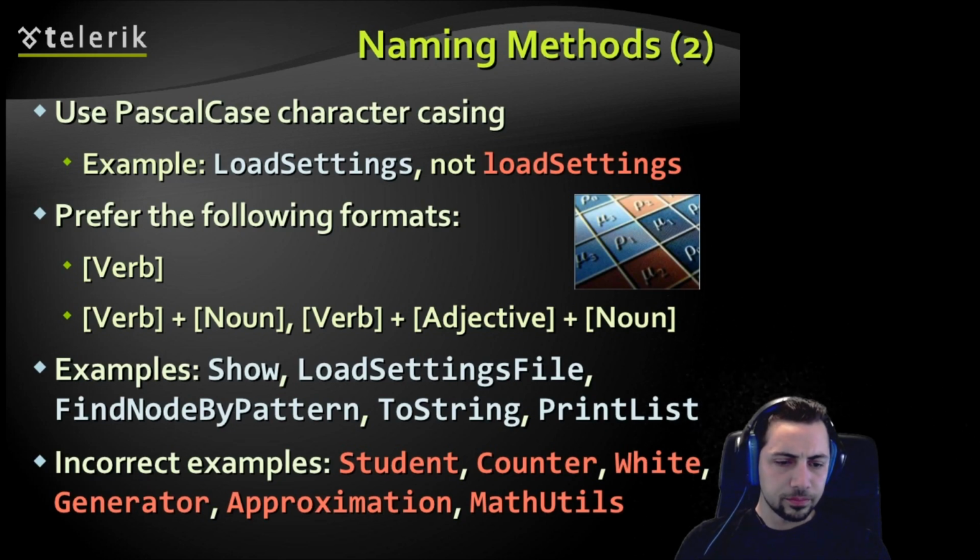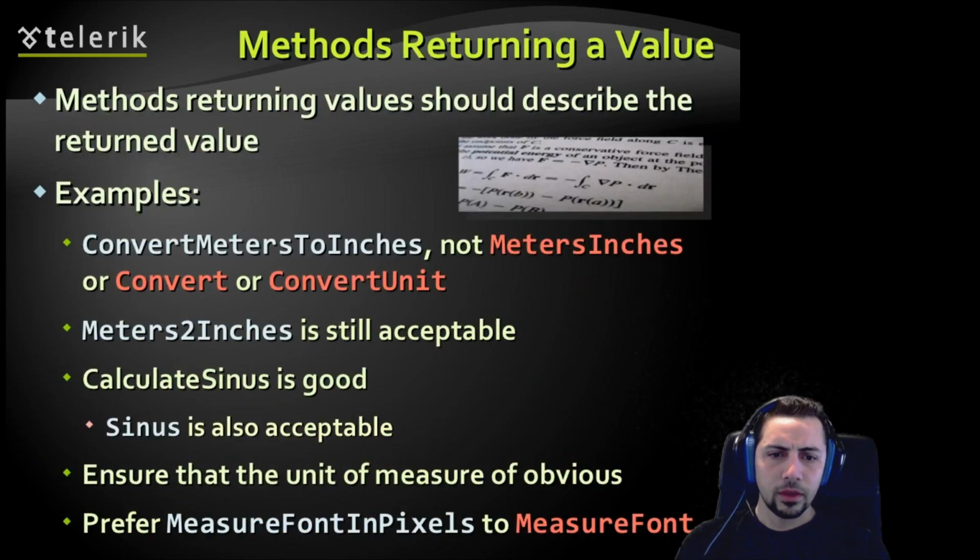All right. Furthermore, if you have a method that is returning a value, the method name should describe what the value is going to do, or in what format the return value is going to be.